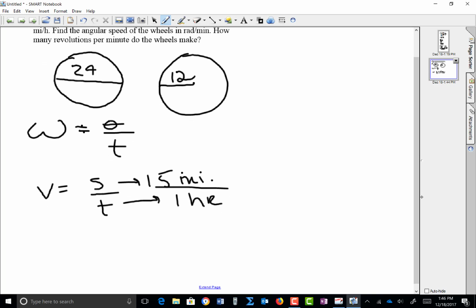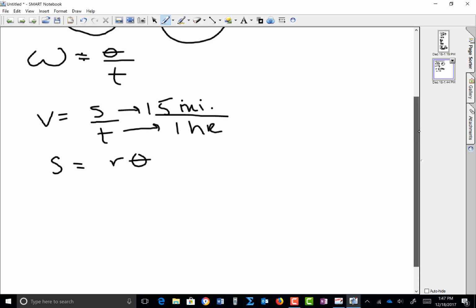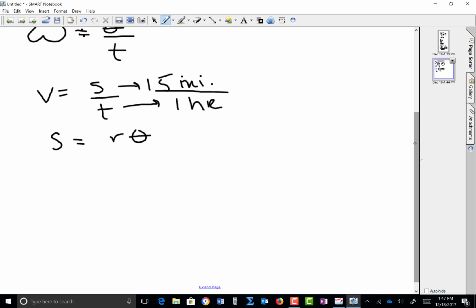We also have the formula s is equal to radius times theta. So if I wanted to get theta, the angle measure, by itself, I could do s over r is equal to theta.